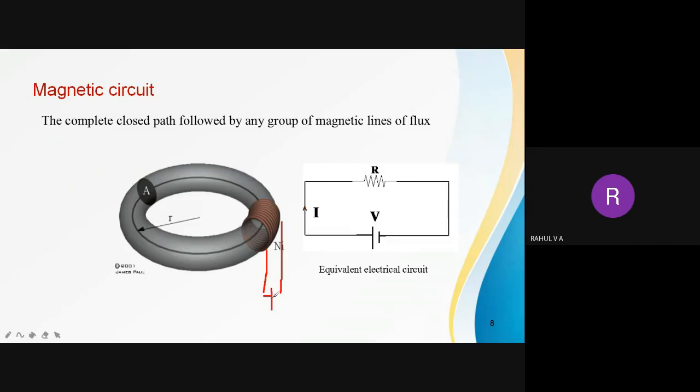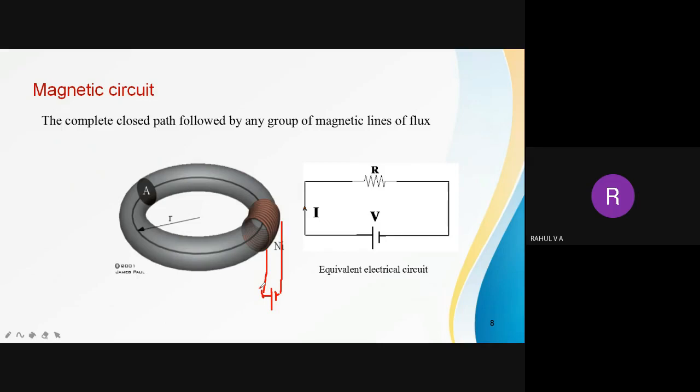Because of this, an MMF, magneto-motive force, will be created. It is a force required to move flux lines from north pole to south pole. So when supply is given, MMF is created. Because of this MMF, flux flows, and when flux is flowing, there is some resistance. That resistance is called reluctance.